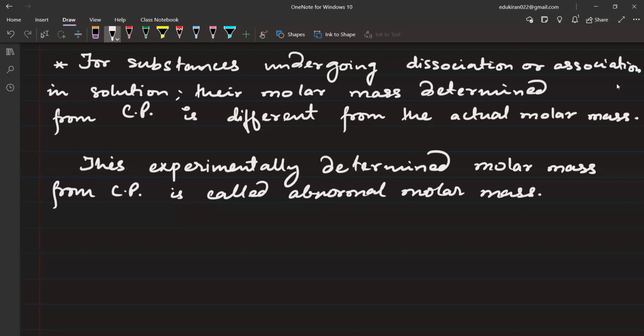Okay. Now, whatever abnormality in the molar mass that is coming, that means we are not getting the actual molar mass. That is only because of what?